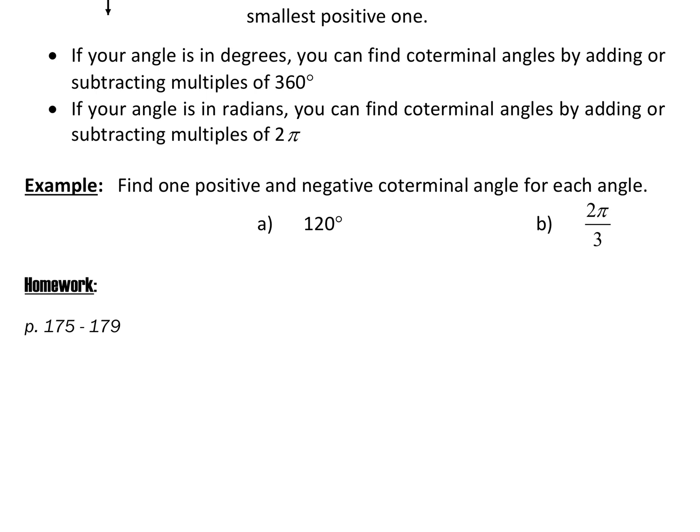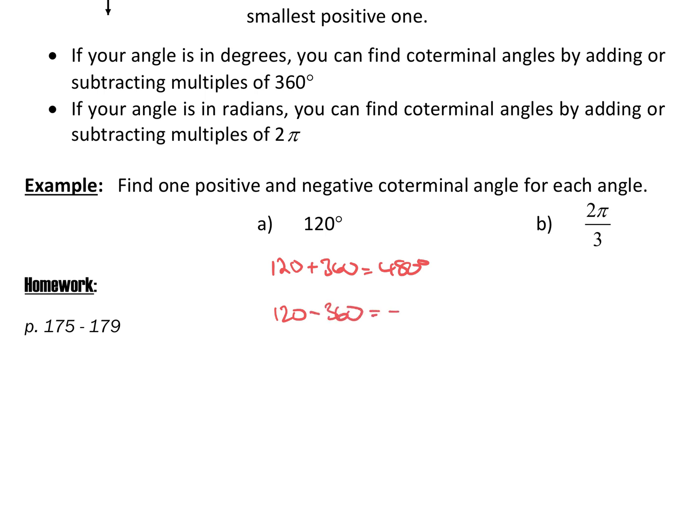The first one should be straightforward because it's in degrees. If you have 120 degrees and you want to come up with one positive and one negative coterminal angle, give me the positive one. 480. Yes, 120 plus 360 is 480 degrees. If we subtract, what do we get for the negative one?